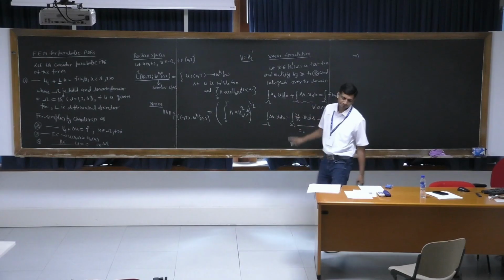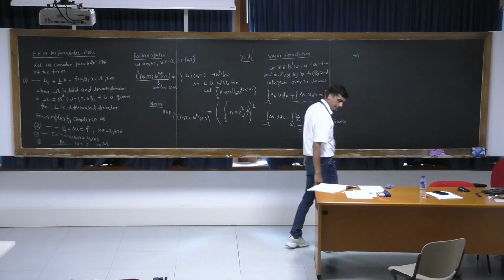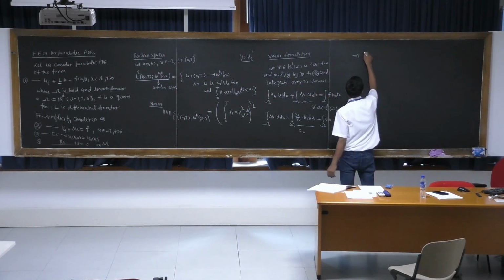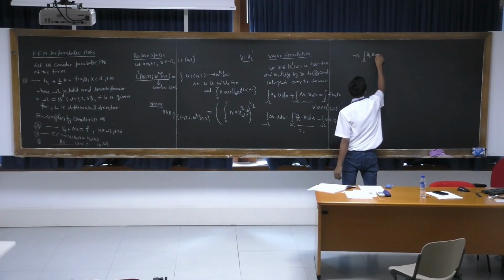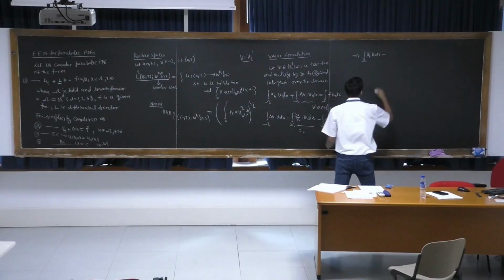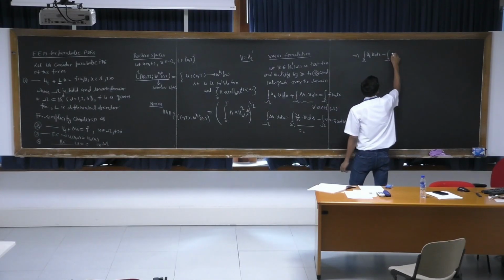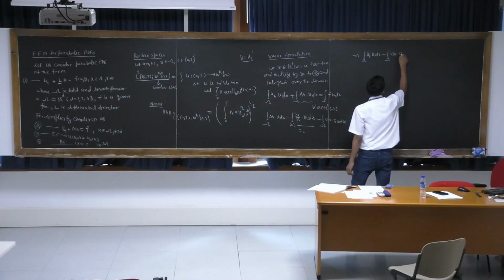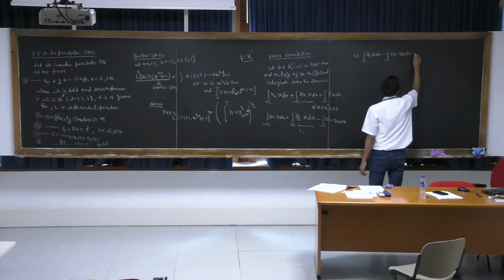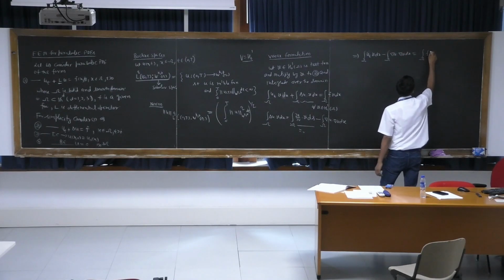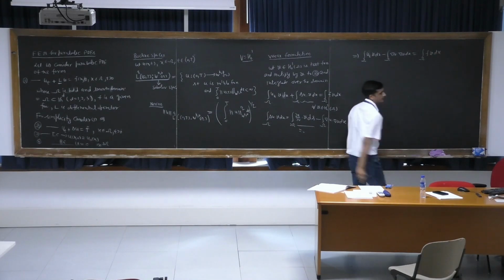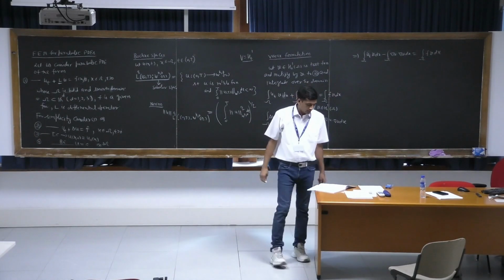So finally you get the integral over the domain of u_t v dx minus the integral of grad u grad v dx equal to the integral of f v.